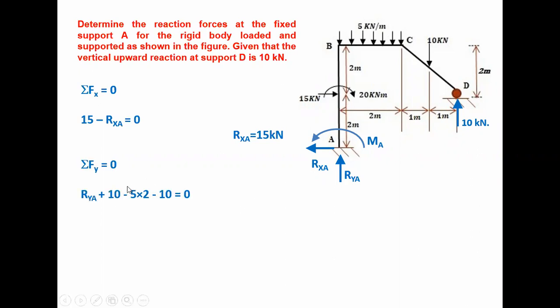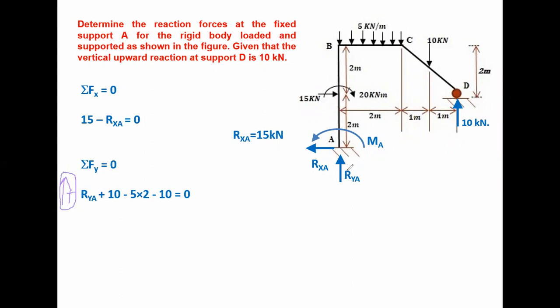Vertical force balance means first of all we have to assign or choose a sign convention, right? So I am selecting sign convention as vertically upward as positive. Okay, vertically upward as positive.